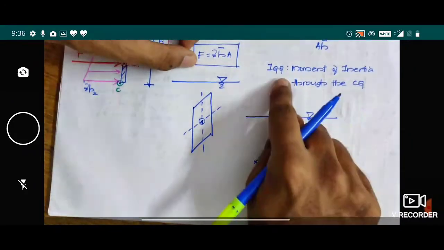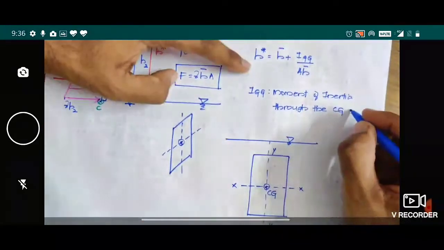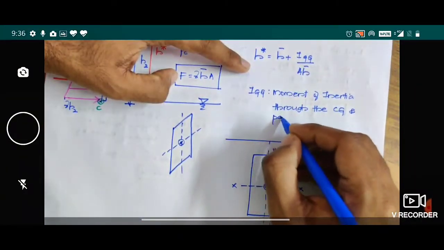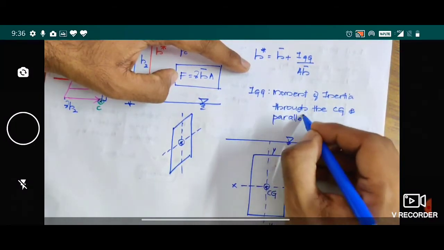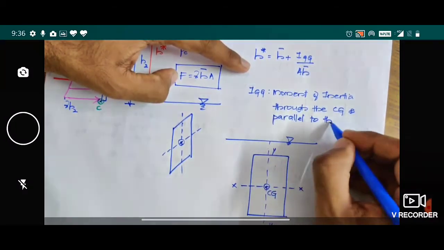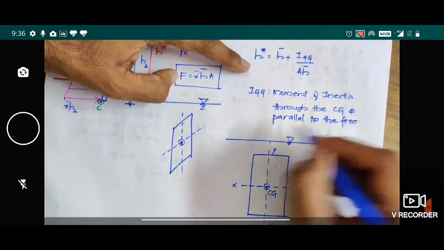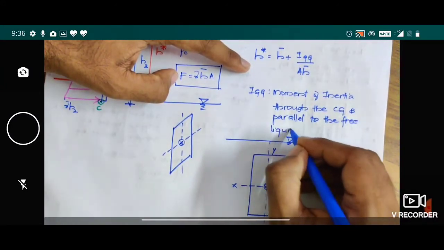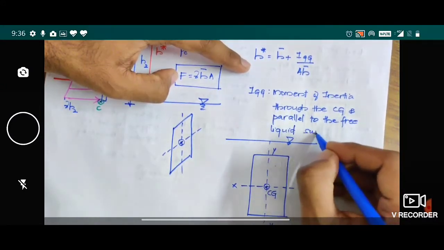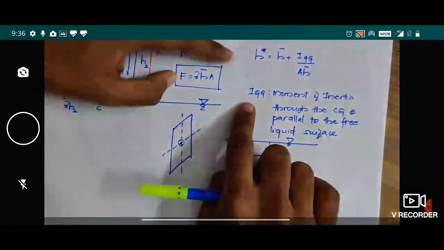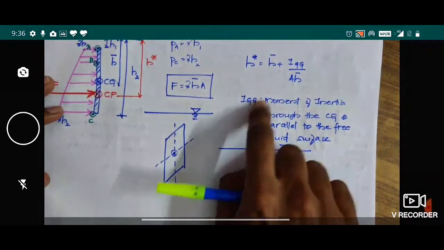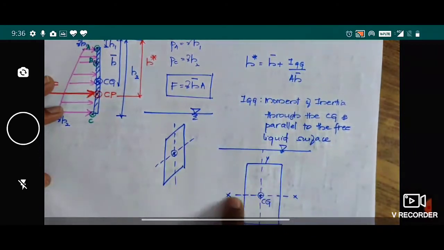So I need to find the moment of inertia through the center of gravity and parallel to the free liquid surface. This is the condition for finding IXX. So IGG is nothing but IXX.